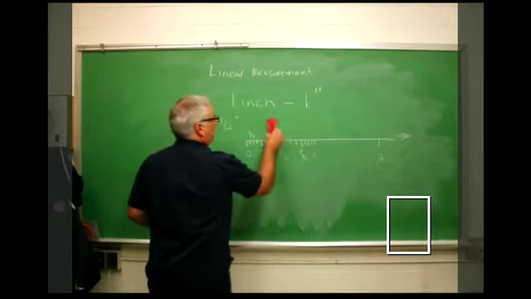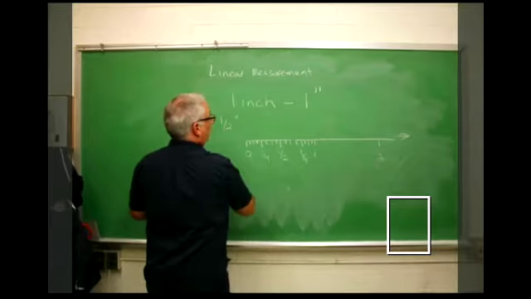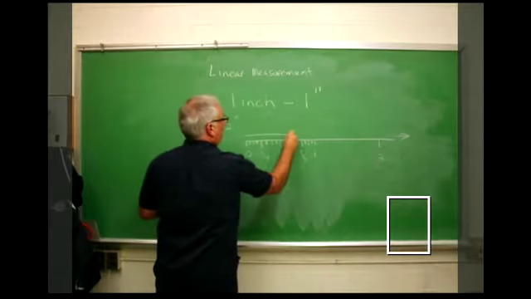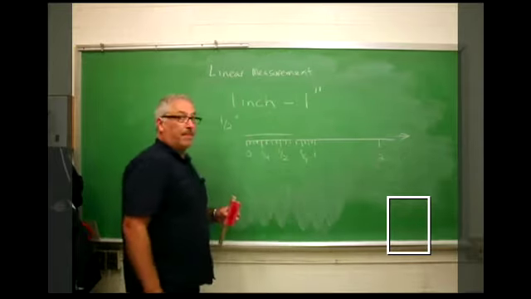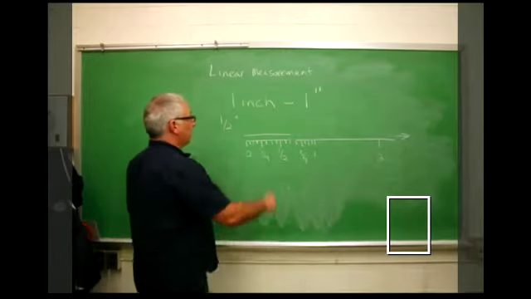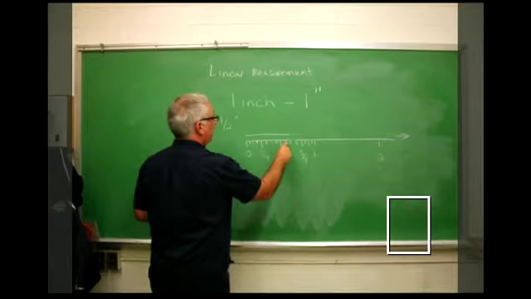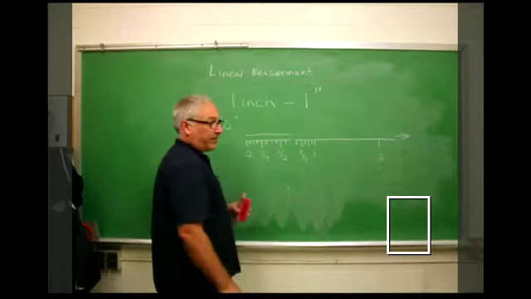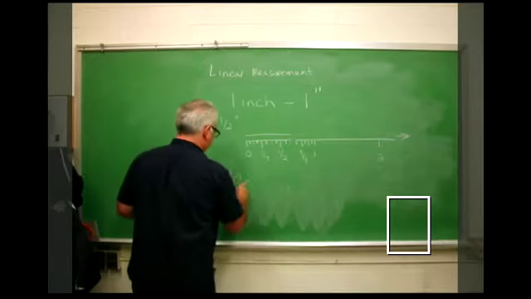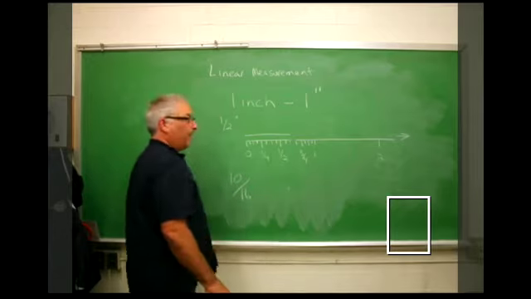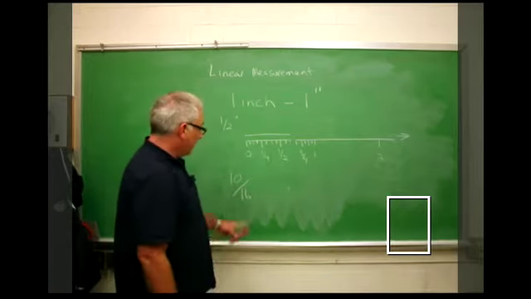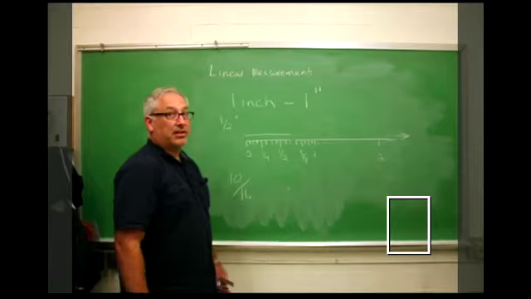So if we come across something that is that long, let's count that. So this long is 1, 2, 3, 4, 5, 6, 7, 8, 9, 10/16ths of an inch. Problem with 10/16ths is that it's not in lowest terms.